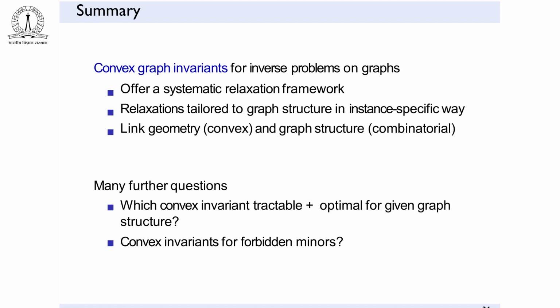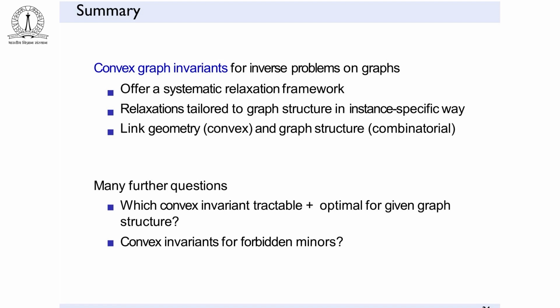We know good relaxations to write down that are tractable, and then we can try and work out when it's actually useful. But the other direction, which is you hand me a graph that you actually care about in the context of an application, what is a good convex invariant for that graph structure? I think we don't have a good answer to this.